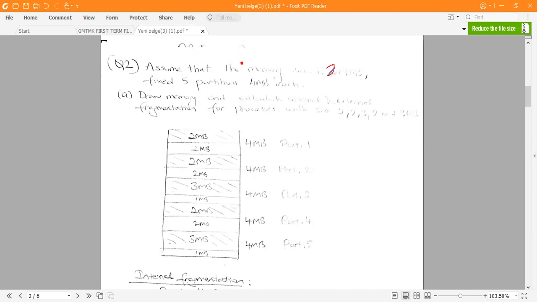I asked that if the size of the memory is 20 megabytes and we have 5 partitions of 4 megabytes each, and it is fixed, which means a fixed partition.